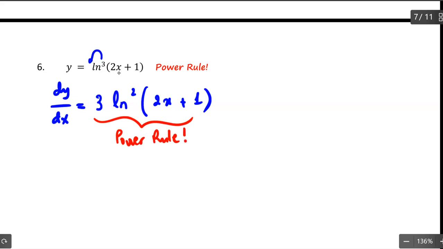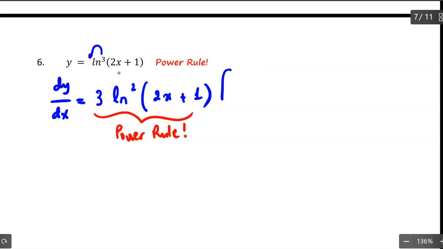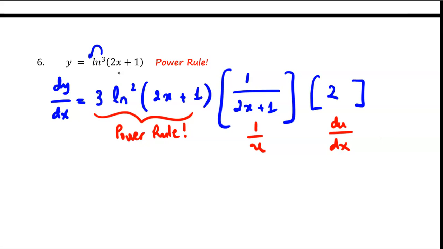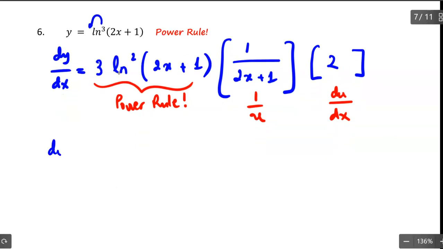Then the next step is to multiply by the derivative of the natural logarithm. So in this case, it will be 1 over 2x plus 1, which is your 1 over u, and then du over dx will be just 2. So that's 3 steps, and make sure that we remember those 3 steps.